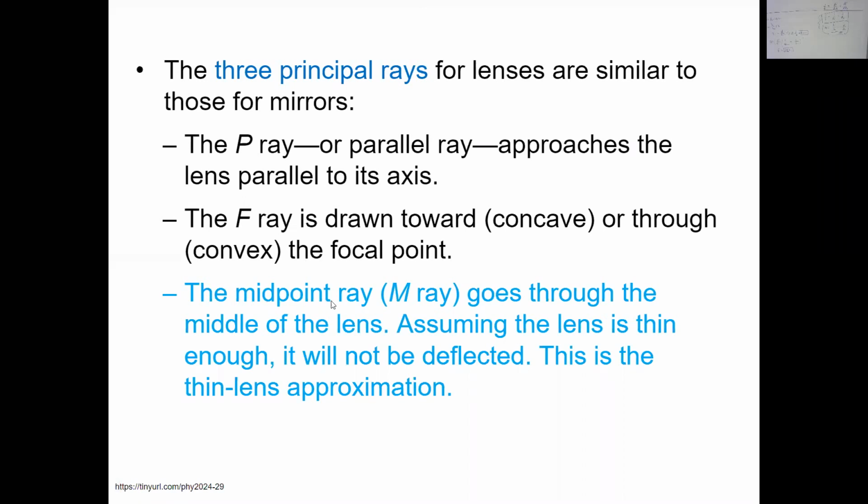We are using a midpoint ray in this case. But similarly to the center of curvature ray, it will go through the middle of the lens and will not be deflected. For the mirror, the center of curvature ray will hit the mirror and reflect right back. In this case, you'll go right through. So this is a little bit different here.